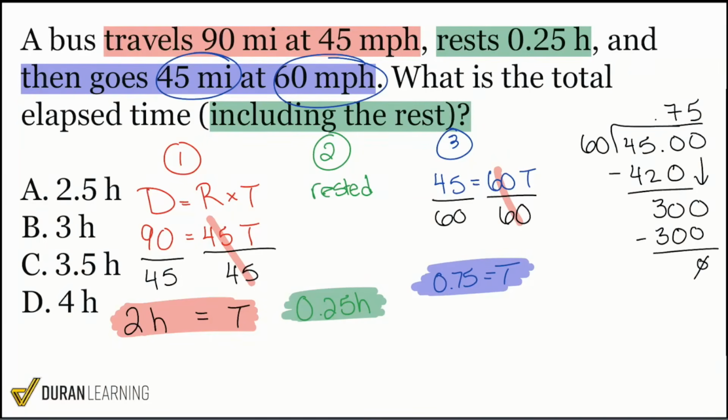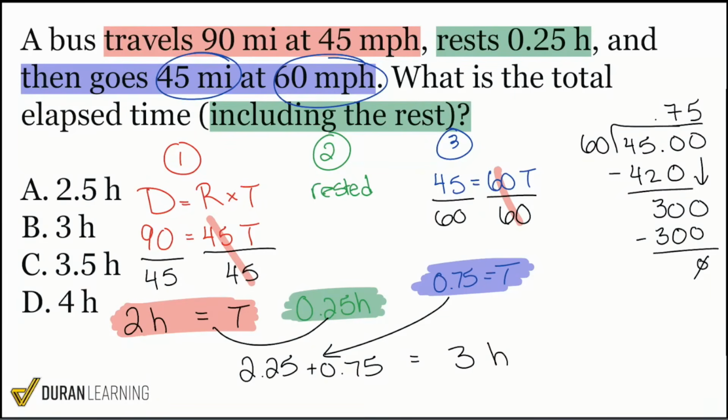Now we can finalize this solution, because all we have to do is add up each of these individual times. 2 plus 2 plus 0.25 is 2.25. Then we add the final 0.75, and that gives us a total of 3 hours.